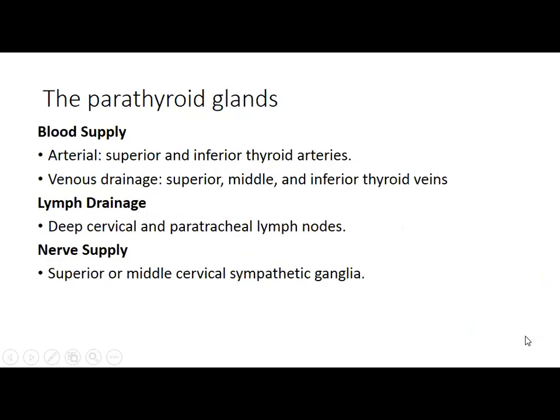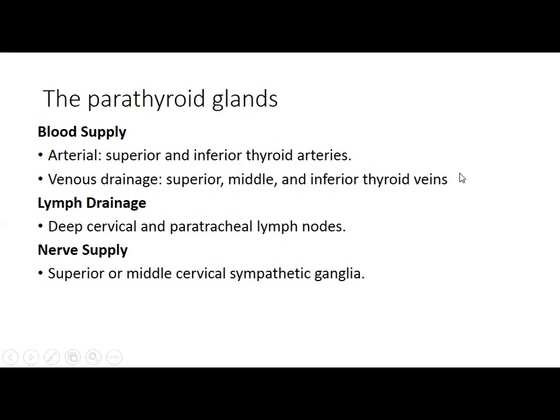Okay. Coming to the blood supply, it is supplied by the same arteries and veins, and the lymphatic drainage and nerve supply are just like those of the thyroid. If you know the blood supply, nerve supply, and lymphatic drainage of the thyroid, then you know the same for the parathyroid. The same arteries, the superior and inferior thyroid arteries, supply the parathyroid gland.